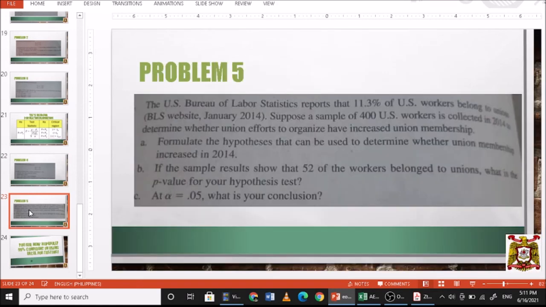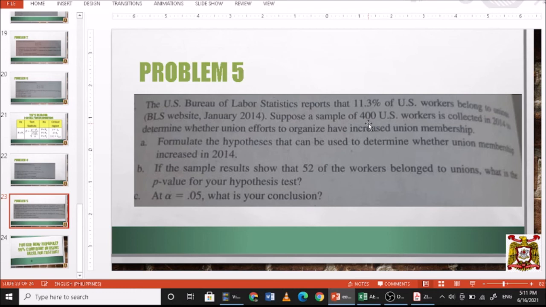Then problem 4. The U.S. Bureau of Labor Statistics reports that 11.3% of U.S. workers belong to unions. The BLS website, January 2014. Suppose a sample of 400 U.S. workers is collected in 2014 to determine whether union efforts to organize have increased union membership.